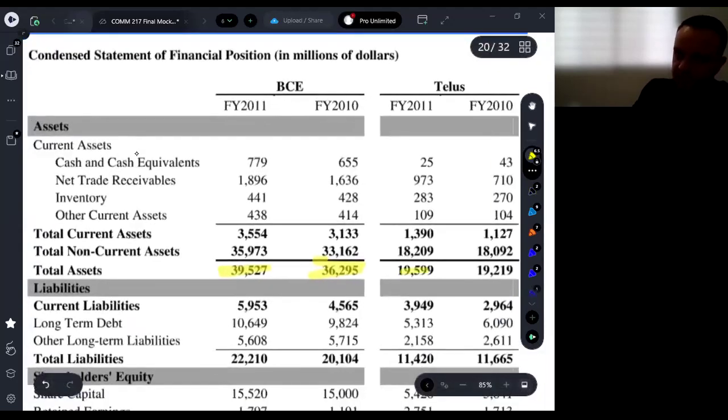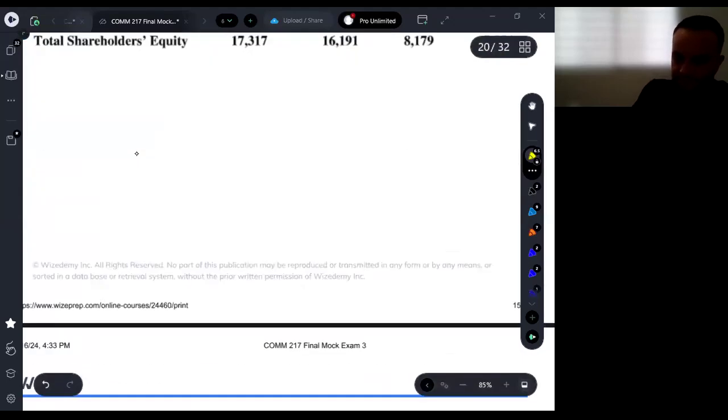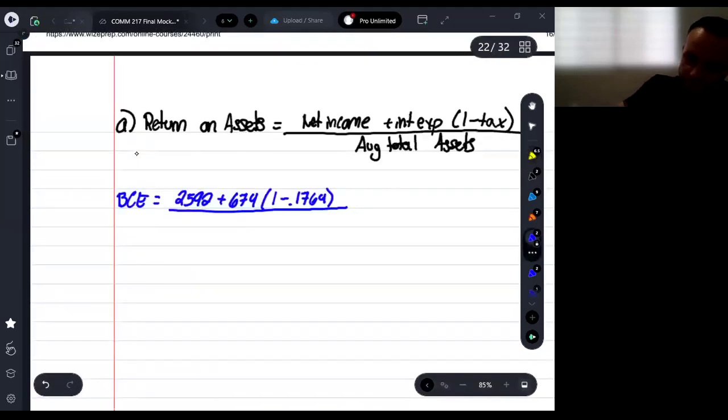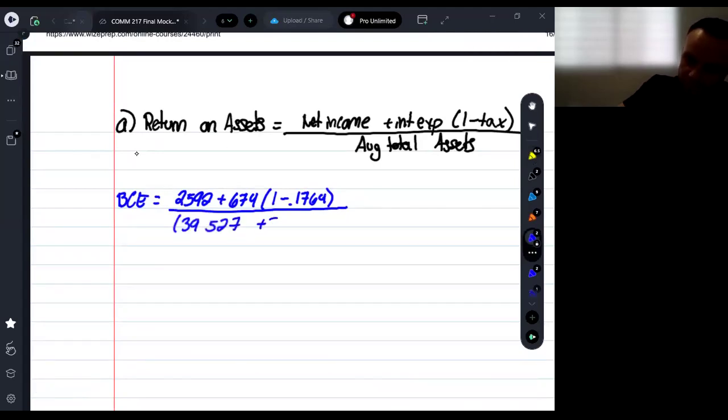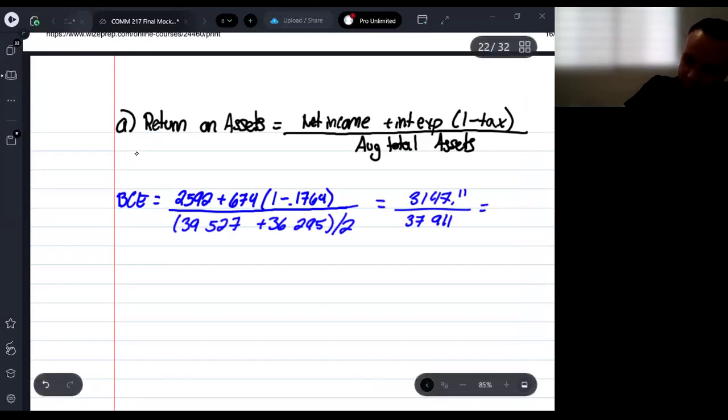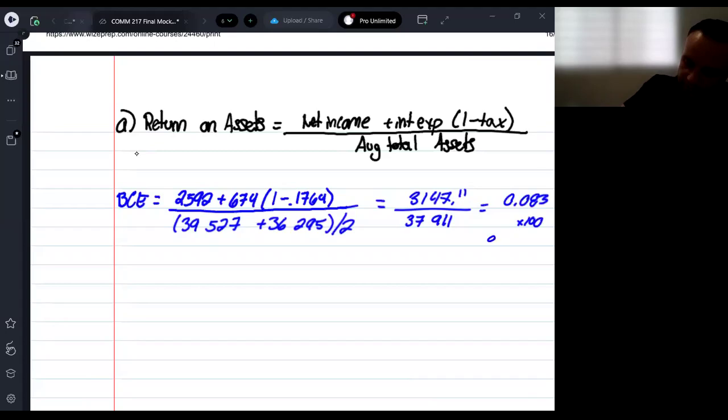And for Telus, that plus that. If you want to put this in percentage, this is like saying 8.3.